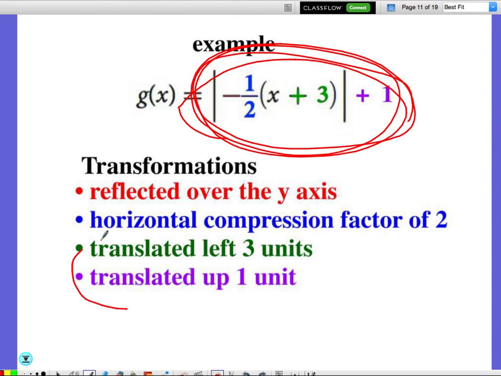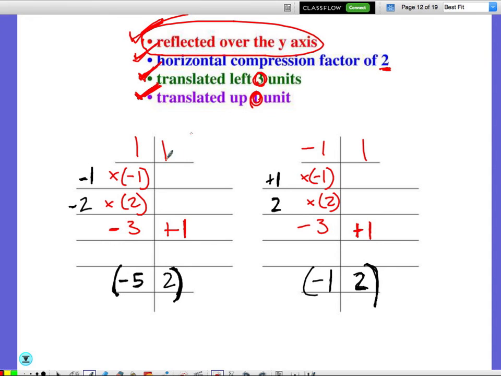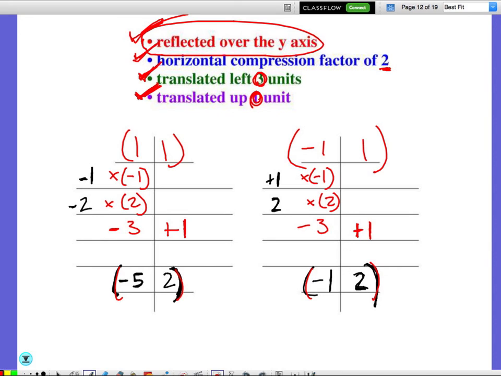We took the last two that changed the vertex to find the vertex, and then to find the last 2 points, we used this table right here to find the last 2 ordered pairs that we needed to graph our function. And notice we used 1, 1 and negative 1, 1 that lie exactly on the parent function, and we use those 2 points to tell us where our 2 new points are going to be, which were negative 5, 2 and negative 1, 2.